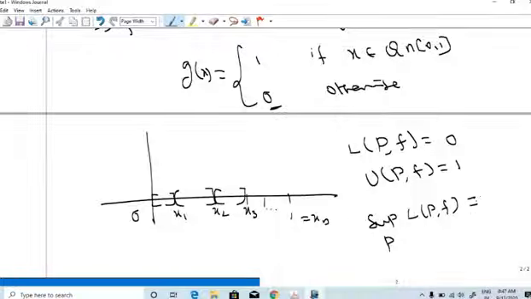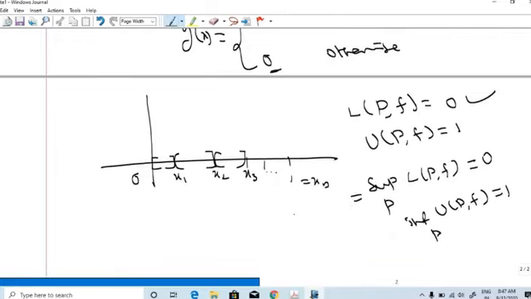Therefore, for each partition this is 0, and the supremum is also 0. Again, if you take the infimum over all partitions of U(P, g), that value is always 1. So this is the lower integral, and this is the upper integral. The lower and upper integrals exist but are not equal. Therefore, it's not integrable.